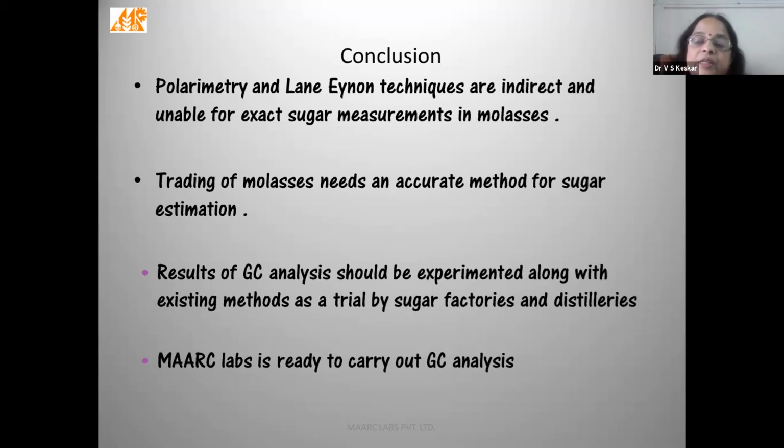Initially, we should do experiments with analysis of a number of molasses samples with gas chromatography as well as the traditional methods, so that we can know what we are losing and what we are gaining by accepting chromatographic techniques along with existing methods as a trial by sugar factories and distilleries. And Mark Labs is ready to carry out GC analysis.